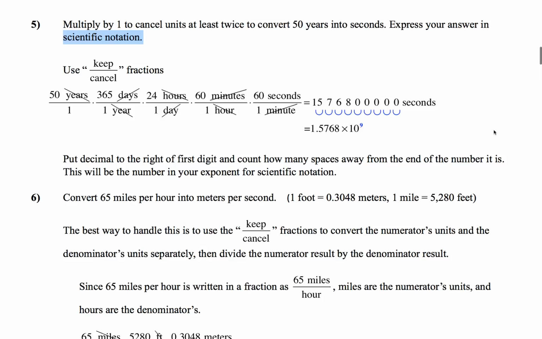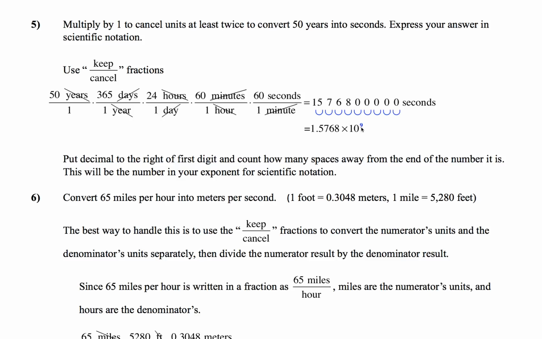So to do that, you place the decimal point right here, to the right of the first digit in line. And then you count the number of spaces that you have to move the decimal to the right to get to the end. If you count here, we moved it 9 times, and so that's what goes in this exponent right here, 10 to the 9th.